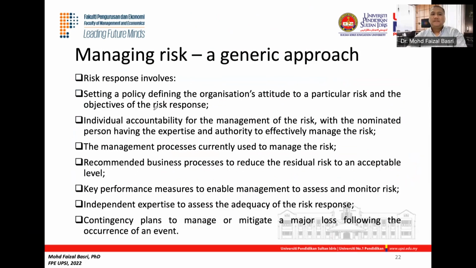Risk response involves, for example, setting a policy, defining the organization's attitude, defining the accountability of the person in charge, the management processes currently used to manage the risk, recommending business processes to reduce the residual risk, key performance measures, and a contingency plan, just like we've seen in the risk registers earlier.